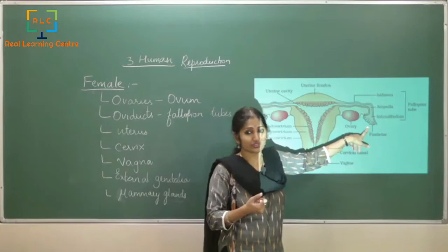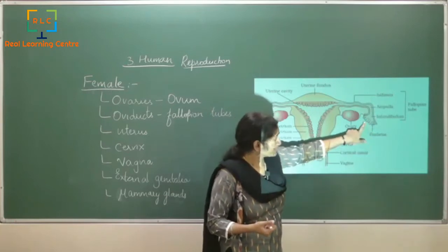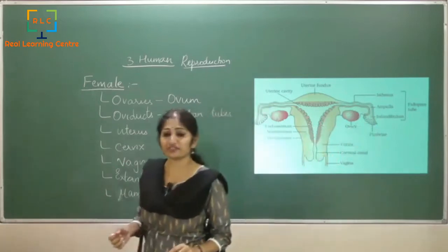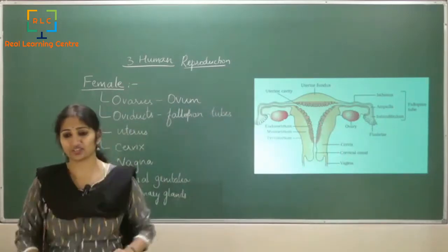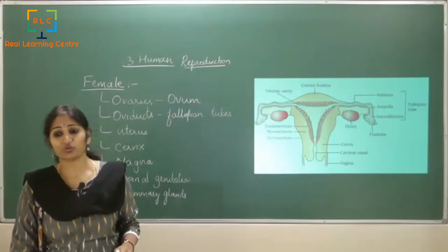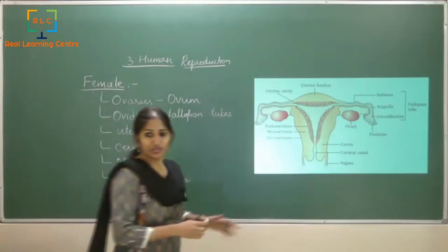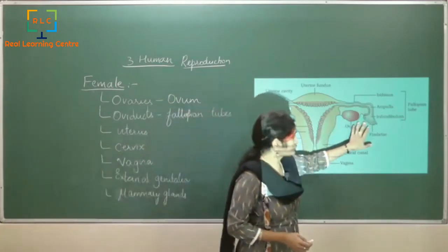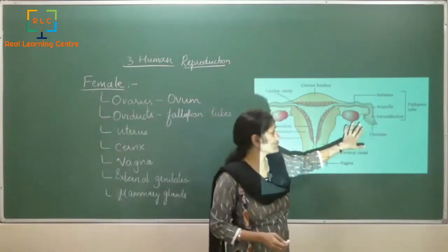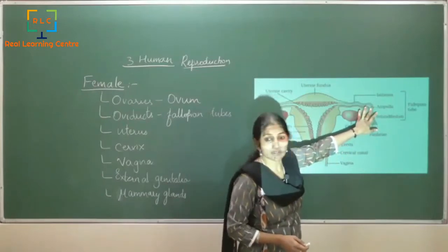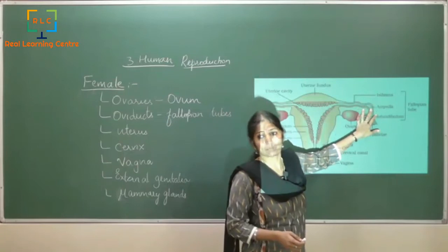Now this is the first part. Just after the fimbriae, we have one more region called the infundibulum, which is more or less like our palm. The infundibulum is slightly wider, and it helps in the transfer of the ovulated ovum into a narrower region called the ampulla.